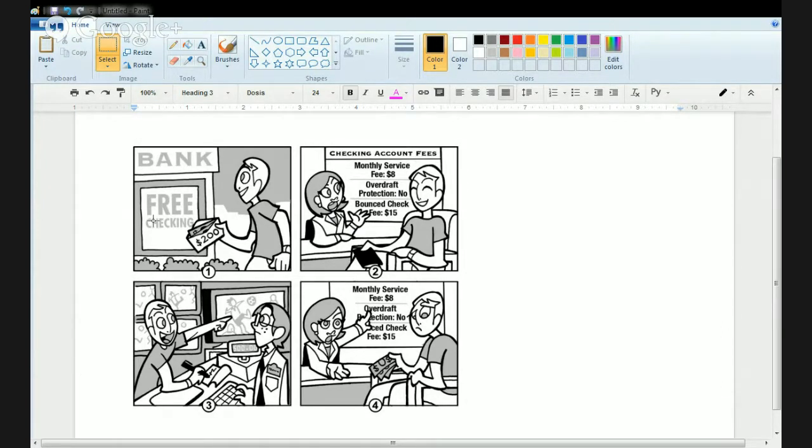He found out that he had to pay $8 for monthly bank service, and there is no overdraft protection for a checking account. Very good.